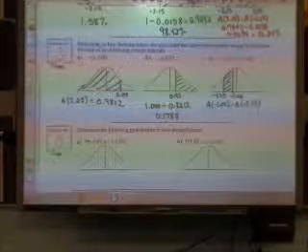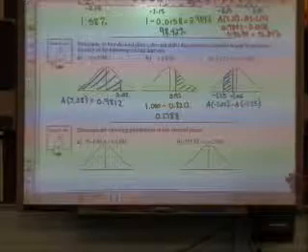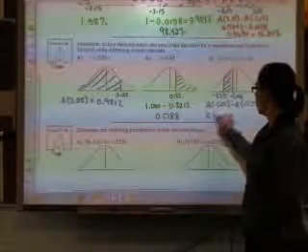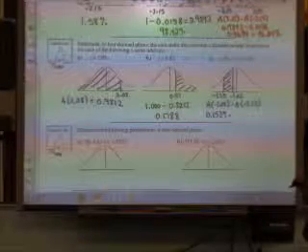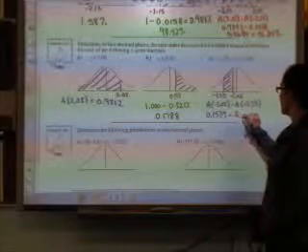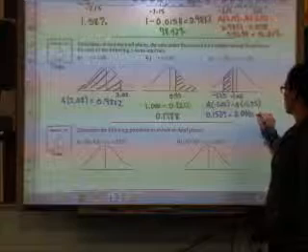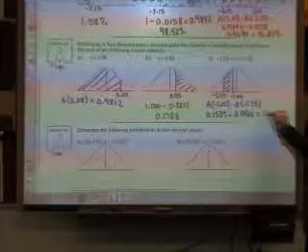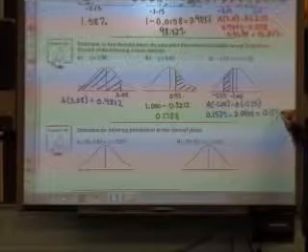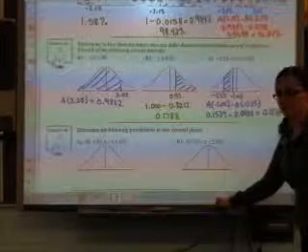So the area of negative 1.02 gives me 0.1539 minus 0.0401 for a total of 0.1138.